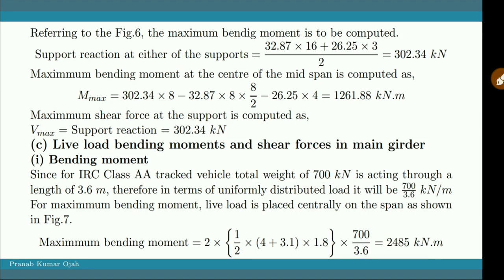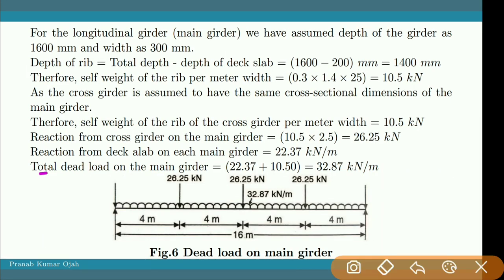Now the total load on the main girder is 22.37 plus 10.5. See, 22.37 is the self weight of the deck slab and 10.5 is the self weight of the girder itself.